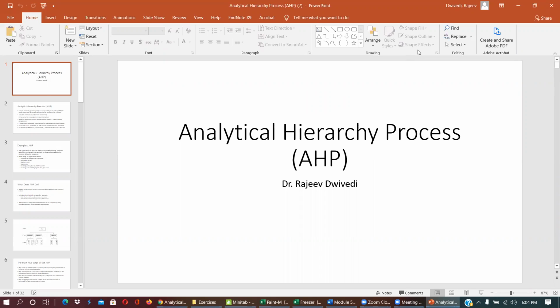For example, you are going to select a CEO or CIO of your organization. You have different criteria for selection: education, experience, past technology knowledge, leadership skills. Based on that you have four candidates.